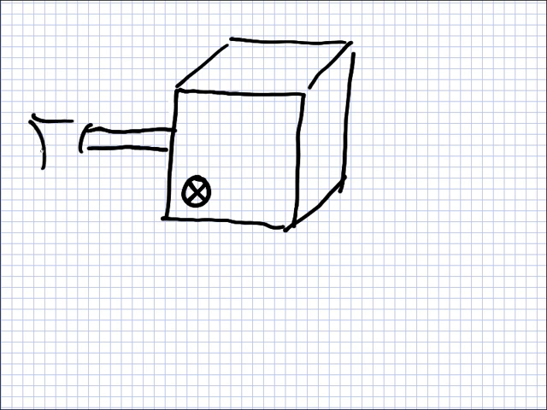There's my eye. I'll make it green so it can be me. So you're looking inside. The light is shining on some smoke in the box. If you look in the microscope, you can see the little smoke particles because they're little. So I'll just draw them here as red dots.